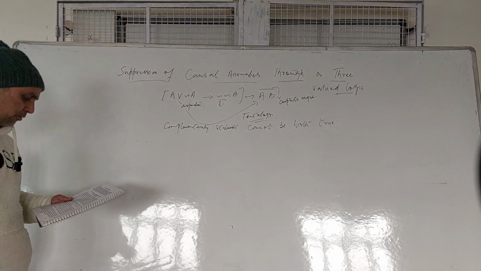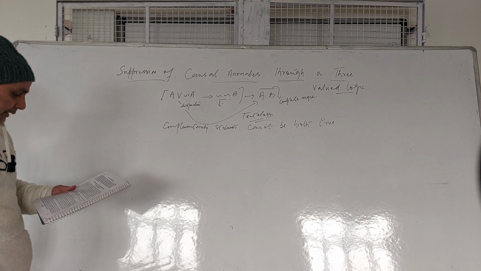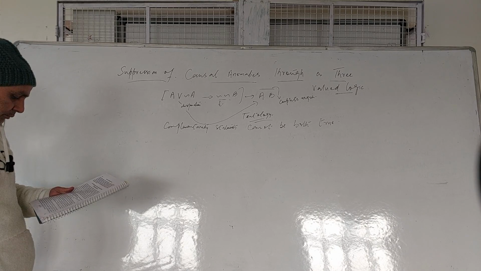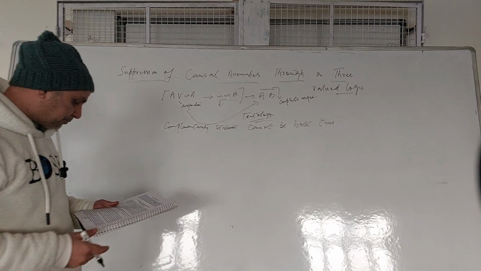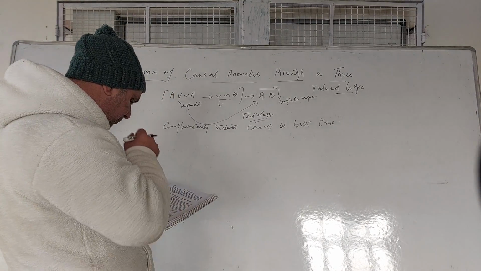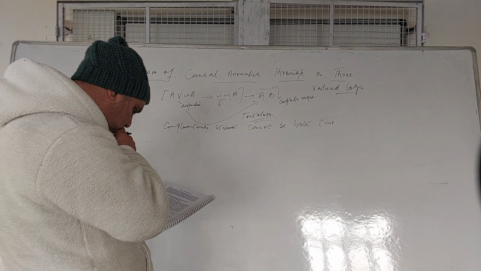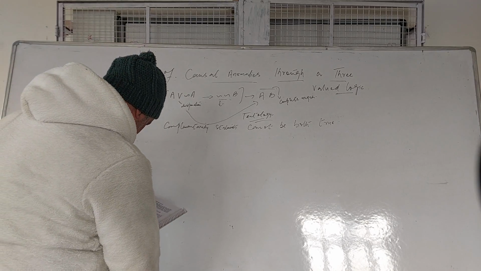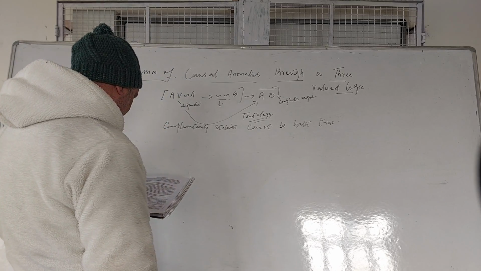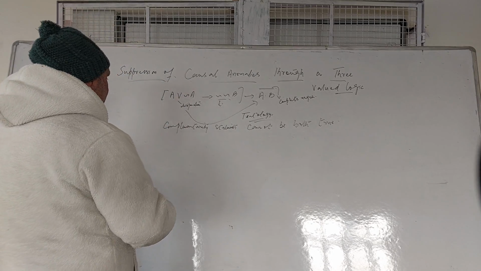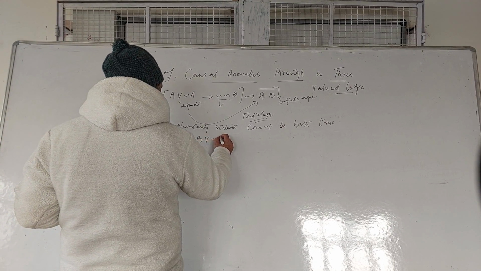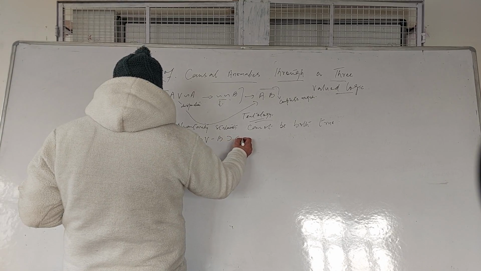So now what we are going to see is that we can have another statement: B disjunction of minus B implies C.